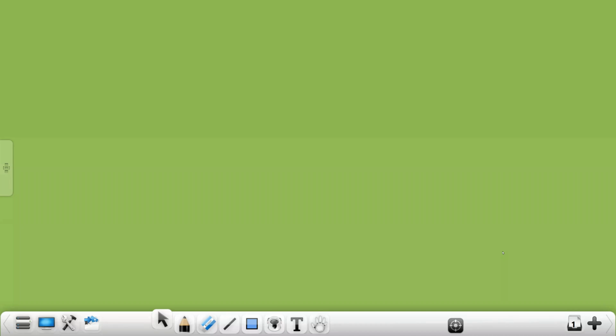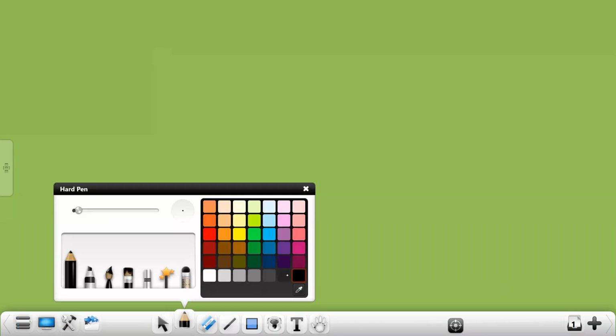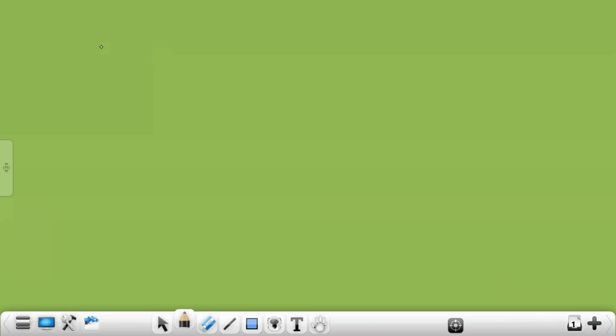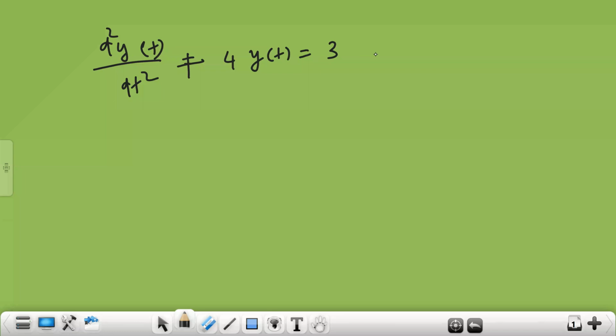Determine the natural response for the system described by the following differential equation: d square y of t by dt square plus 4y of t is equal to 3 dx of t by dt.